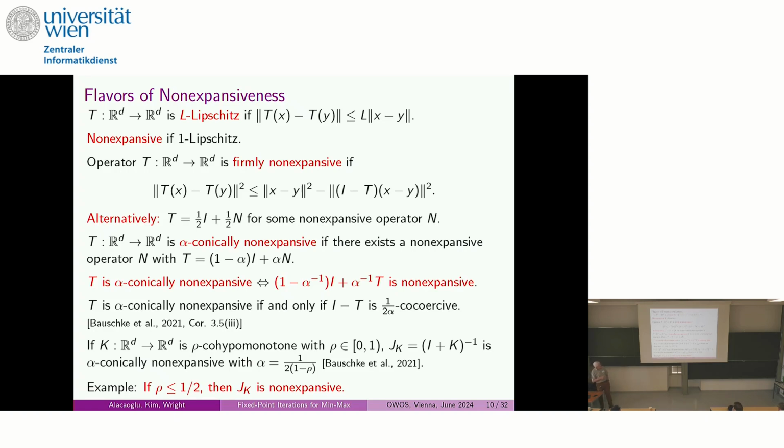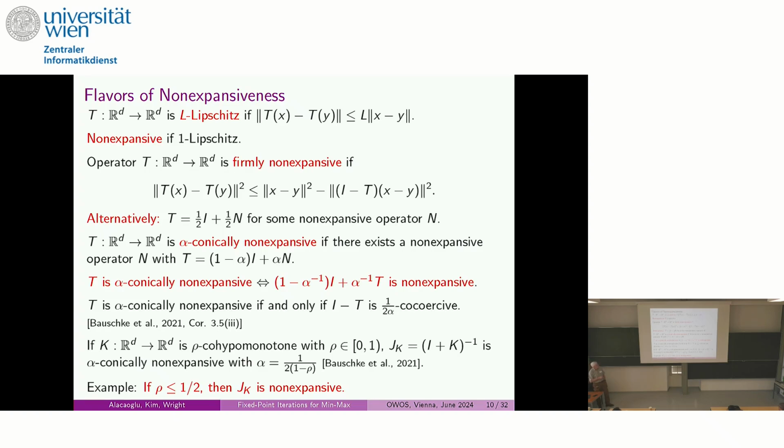Now, here's a fairly new one, alpha conically non-expansive, and that's mentioned in Heinz's book. I'm not sure if his definition's original with him or whether it goes back further. But that's this definition. It says an operator is alpha conically non-expansive if there's another non-expansive operator N such that T can be expressed like this for some alpha positive. Alpha doesn't have to be between 0 and 1, okay?